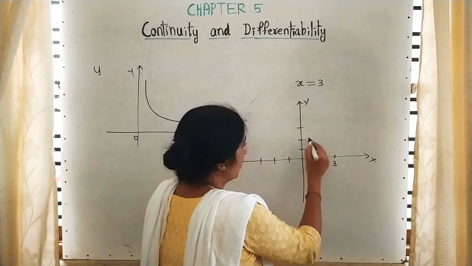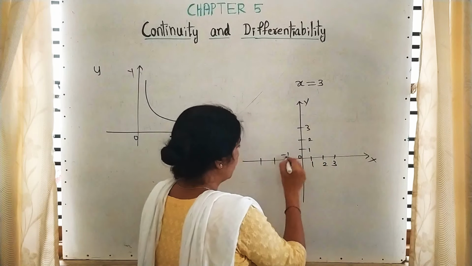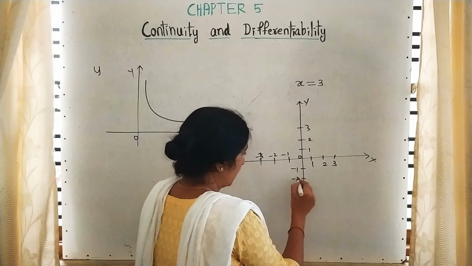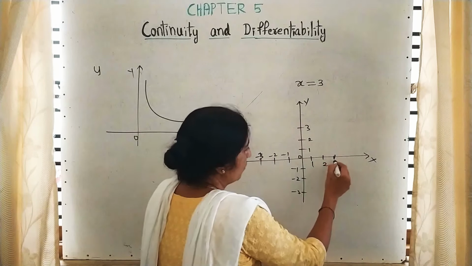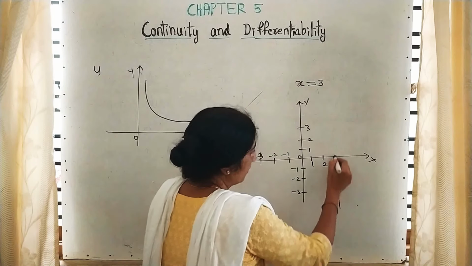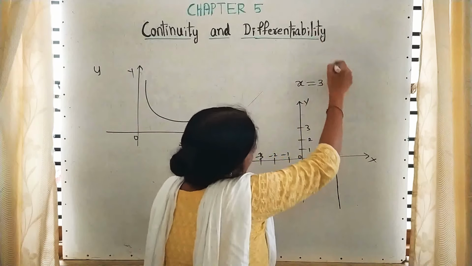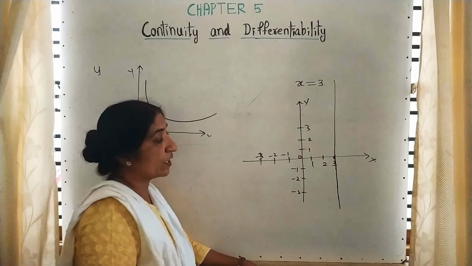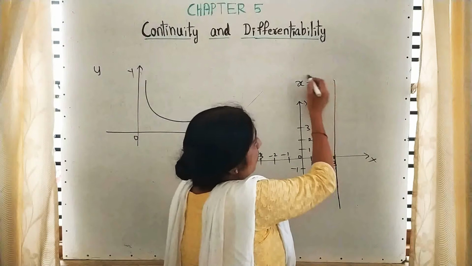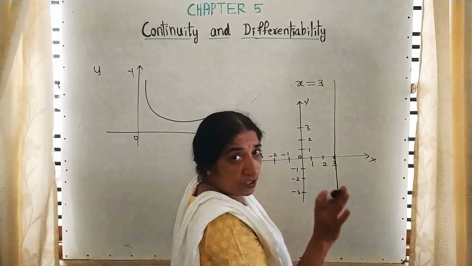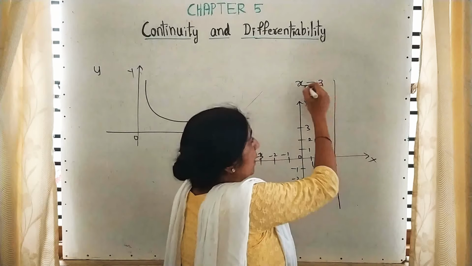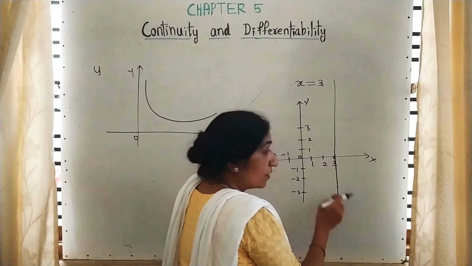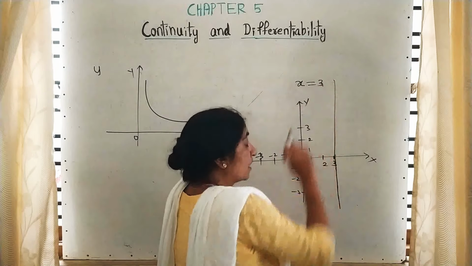These are positive values, these are negative, correct or not? So x is equal to 3 is this line. Wherever you want you can move up to infinity, but there is no break when you are drawing the line. So x is equal to 3, this we are calling a constant. If you draw the line, there is no break. That means this is continuous.